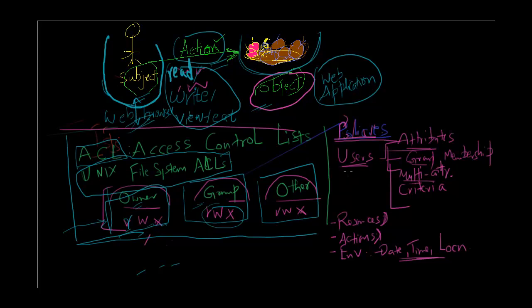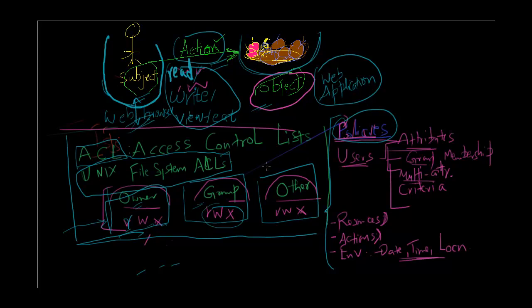In identity access management systems, most of them take a slightly different, more fine-grained view of specifying what actions can be performed on an object by a particular user or a particular group of users. This is done using what are known as policies.